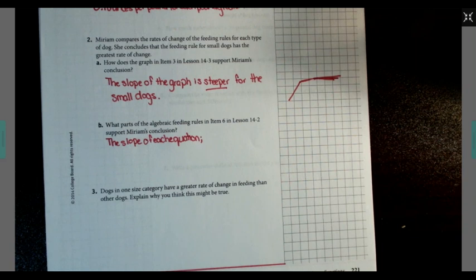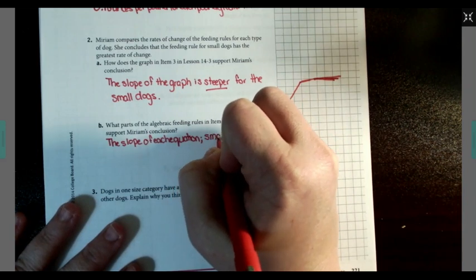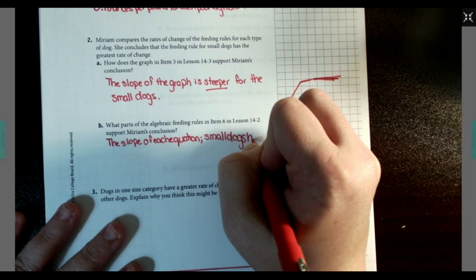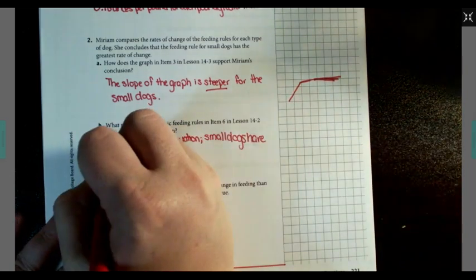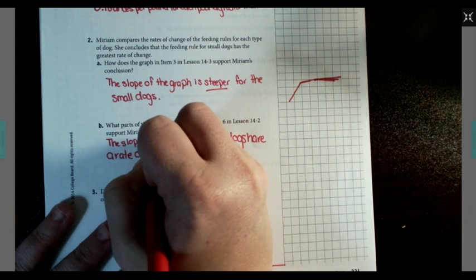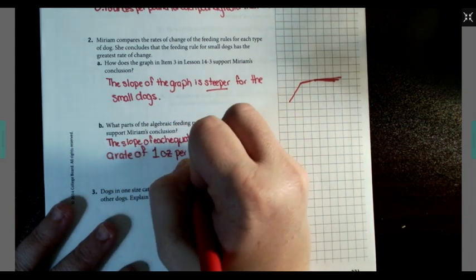Small dogs have a rate of 1 ounce per pound.